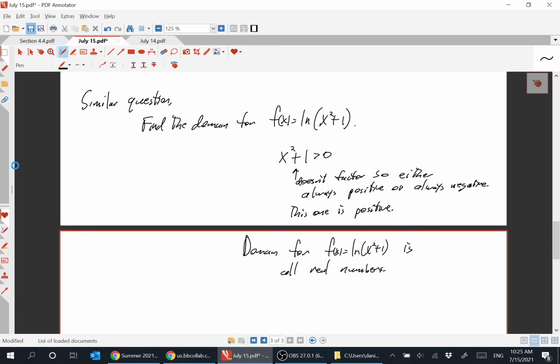What other sort of things do we have in here? Let's leave the rest of that. Those are similar to the homework questions, those that we just did. Let's move on to section 4.4, which gets into some of the important properties of the logarithm function.